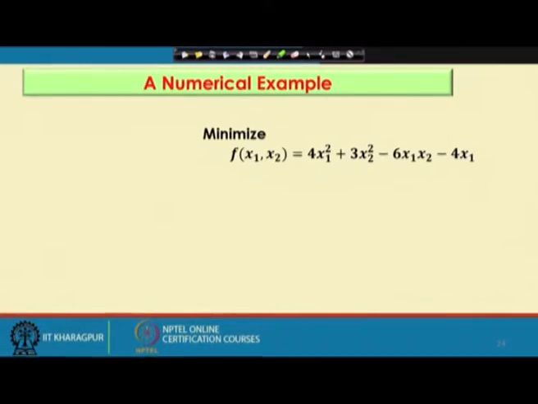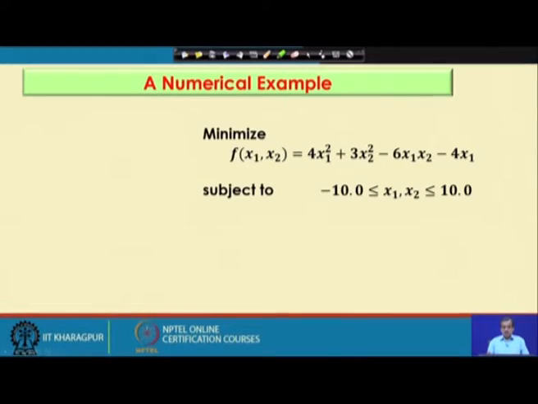I will have to minimize y, a function of two variables x 1 and x 2, that is equal to 4 x 1 square plus 3 x 2 square minus 6 x 1 x 2 minus 4 x 1, subject to the condition that x 1 and x 2 lie between minus 10 and plus 10.